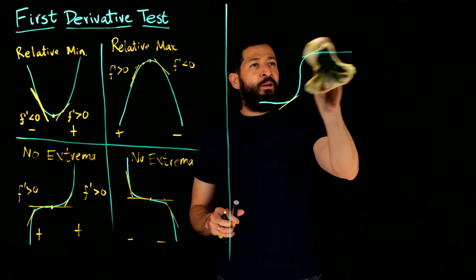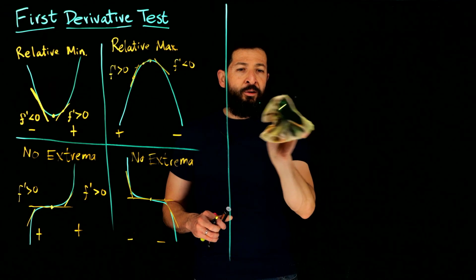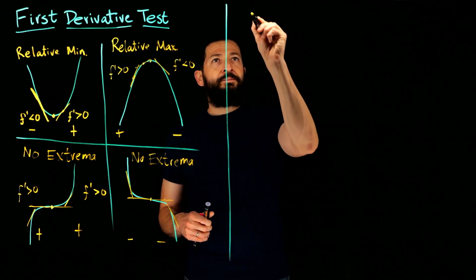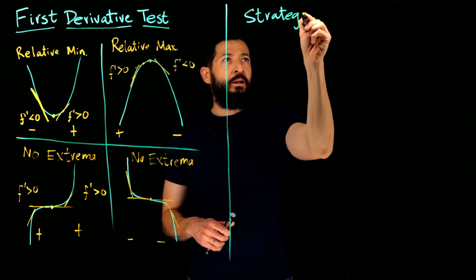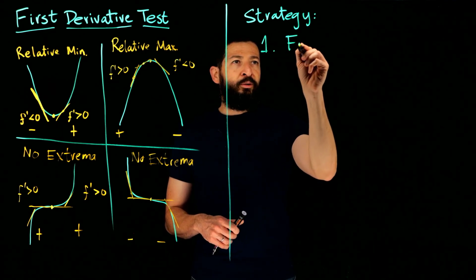So what is going to be our strategy to classify extrema using the first derivative test is going to be the following. Number one, you're going to find all critical numbers.